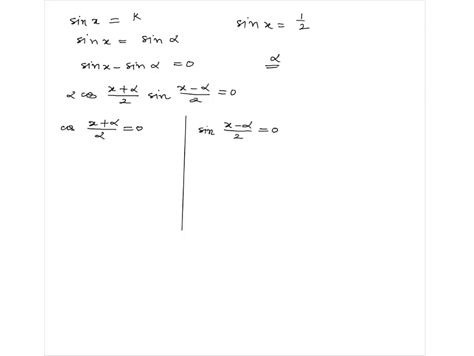If cos is 0, we know that this thing is an odd multiple of pi by 2. If sine is 0, we know that this thing is some integer into pi.